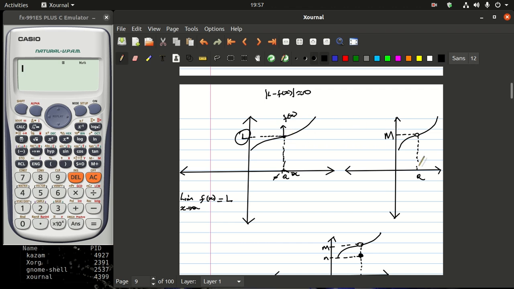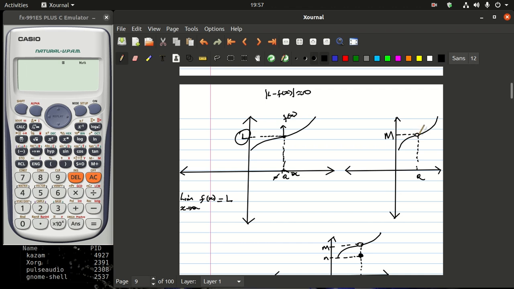Now, let's look into this. Again here, this function here, there is a hole there, which means it's not defined at that point. But if I were to pick a point so close to A, what will be the output that is so close to that hole there?